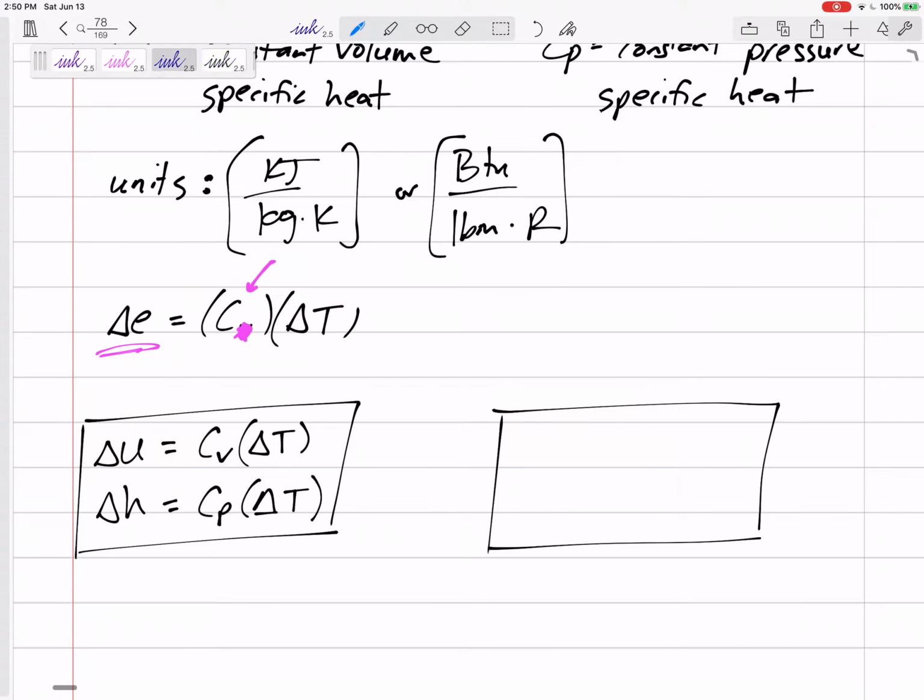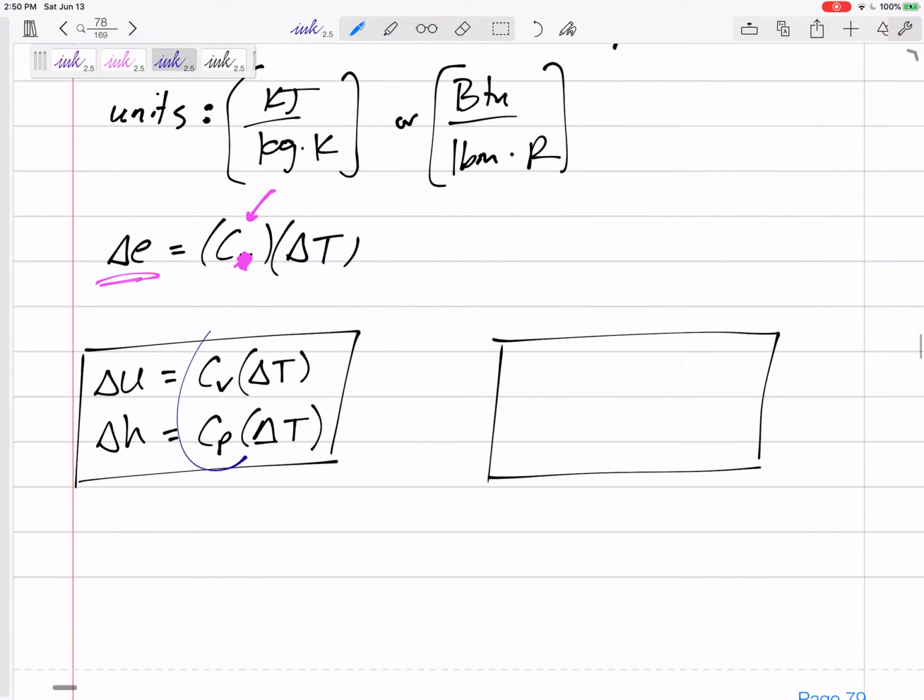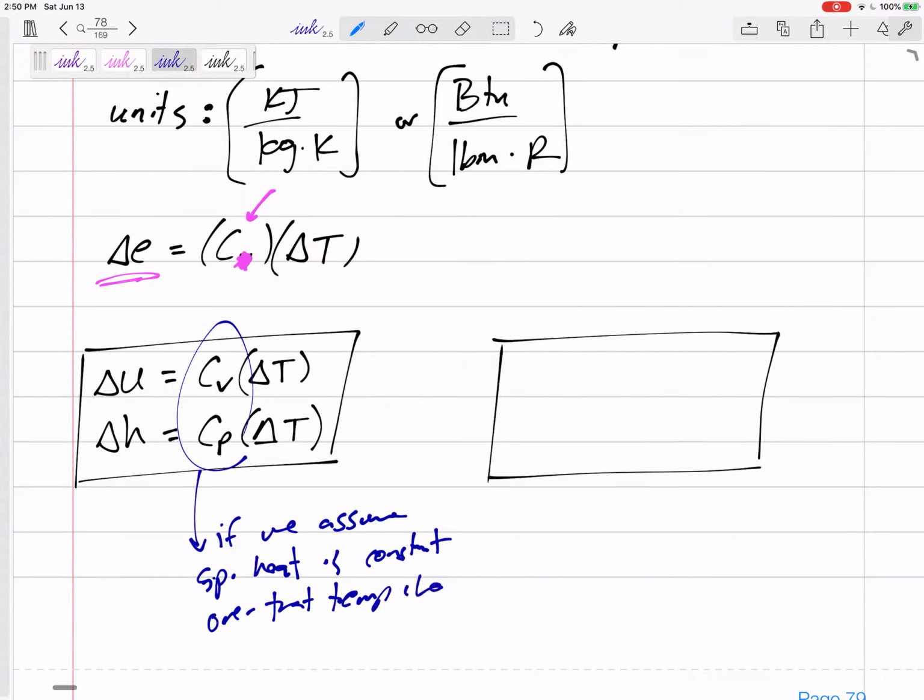What does that mean? That means if we know the change in temperature and we know the specific heat, then we've got the delta U. Or maybe if we know the change in temperature and we know the CP, we've got the delta H. These equations are true if we assume specific heat is constant over that temperature change.